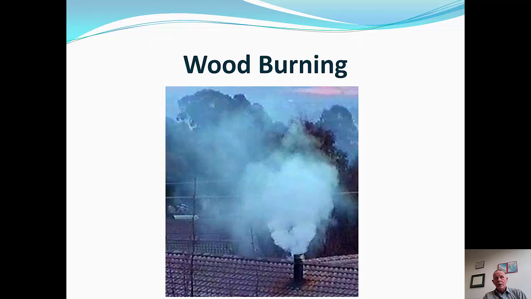Wood burning is a particular kind of hazard because a lot of people burn wood for heating or outside activities without thinking very much about the consequences. And wood smoke is particularly a problem because the particles can be very, very small.